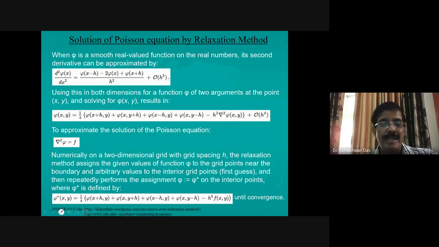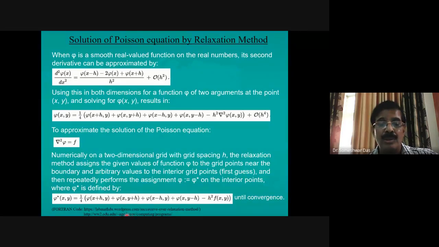I have also given some hints because I found that there are some books which are giving the Fortran codes for numerical techniques, including the relaxation techniques. I found that if you just go to this website, you find the Fortran code for the relaxation method, just for your help.